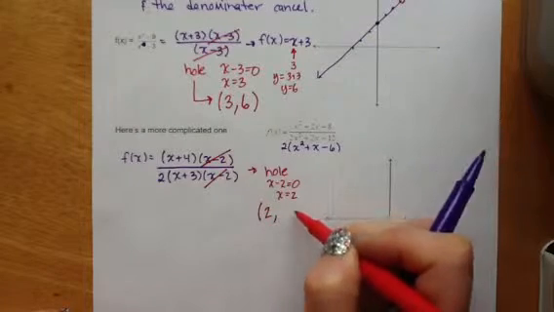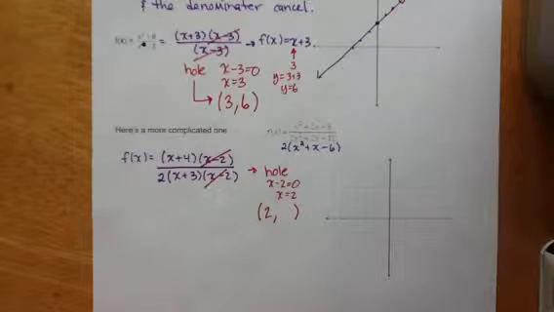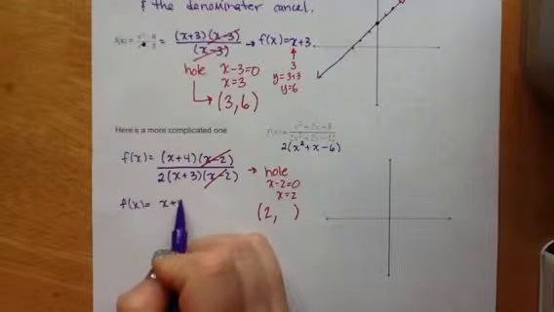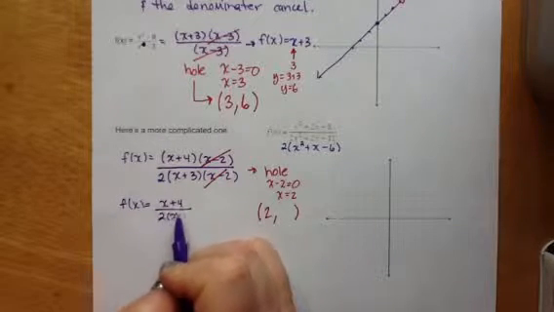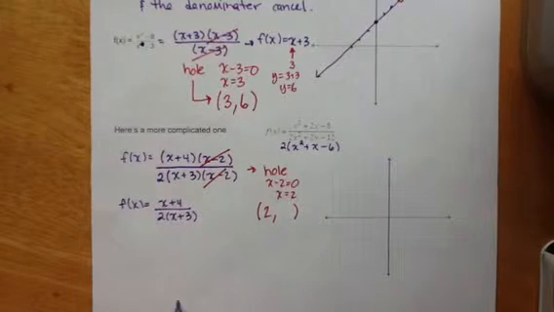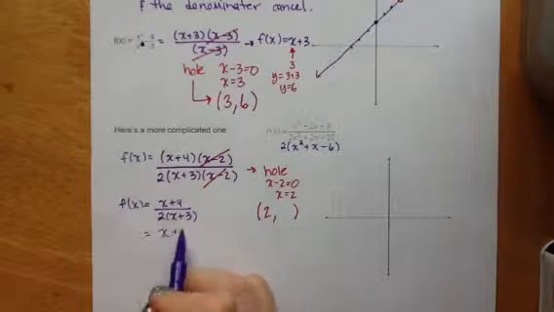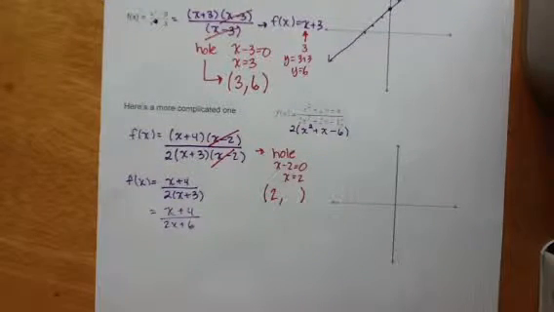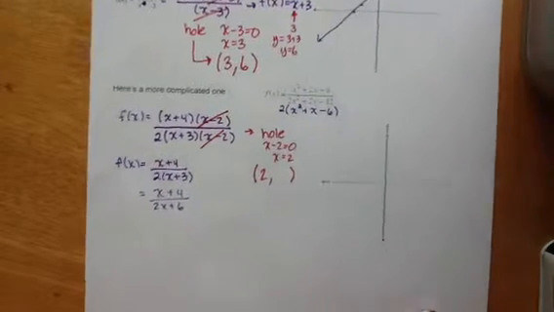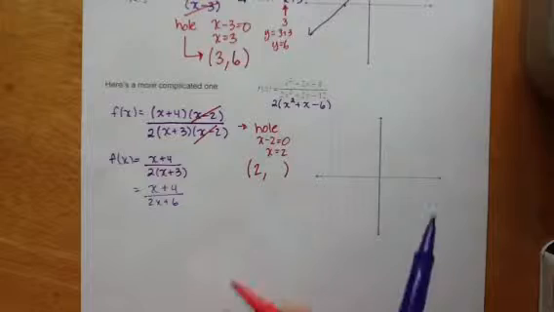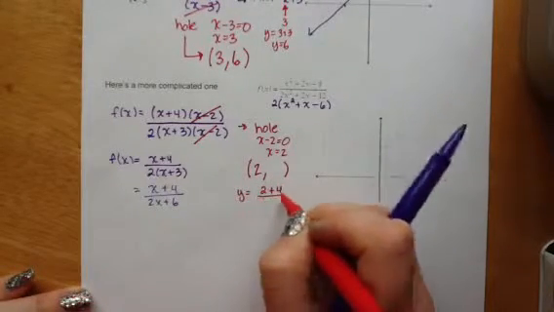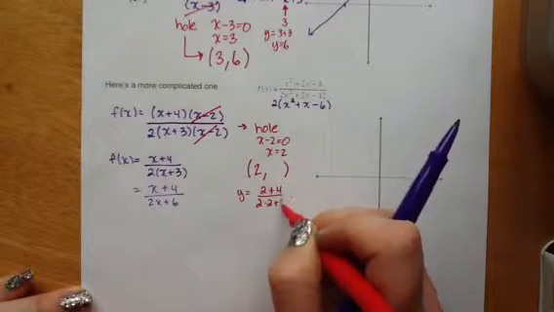So the hole is going to be at 2 something. We'll rewrite our function. f of x equals x plus 4 over 2 times x plus 3, or we could write it x plus 4 over 2x plus 6, whichever way you feel more comfortable. And we can substitute that x value back in, so we get y equals 2 plus 4 over 2 times 2 plus 6.